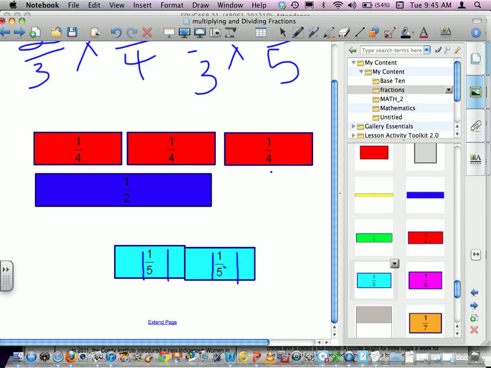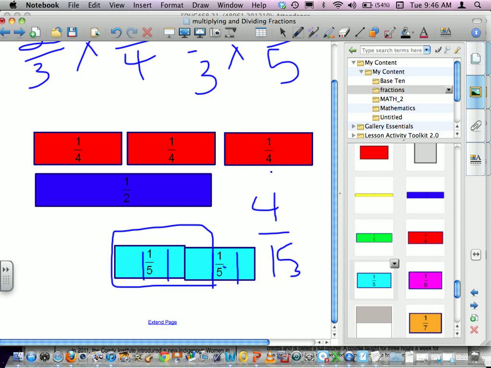Now if I were to take 2/3 of that, what's my answer? Here's 2/3 of it, right? Which is how many 15ths? 4 15ths. So you can still model with these, but it's not really as pretty as the area model.